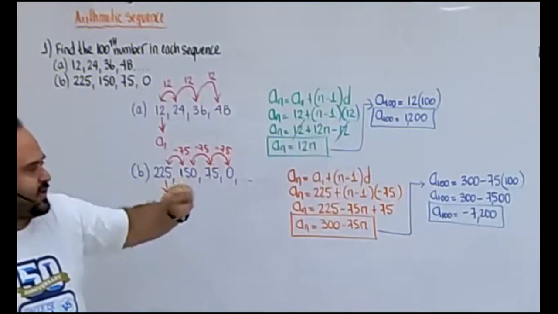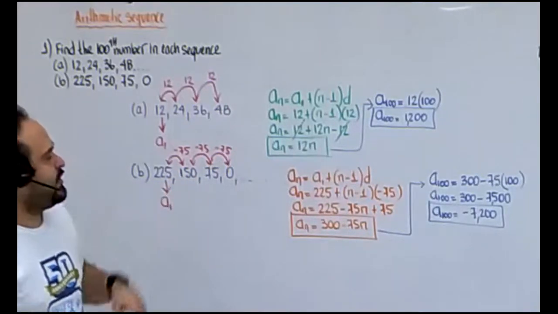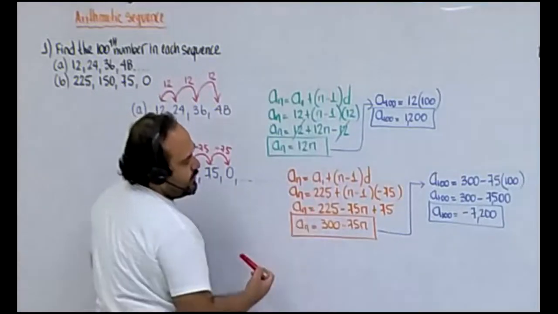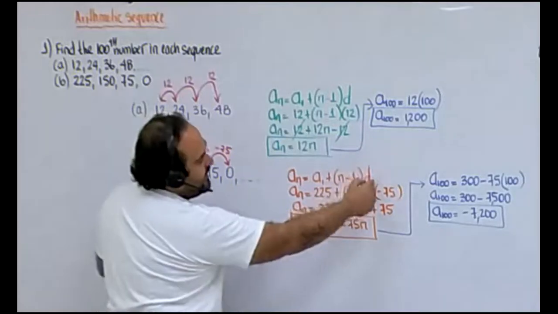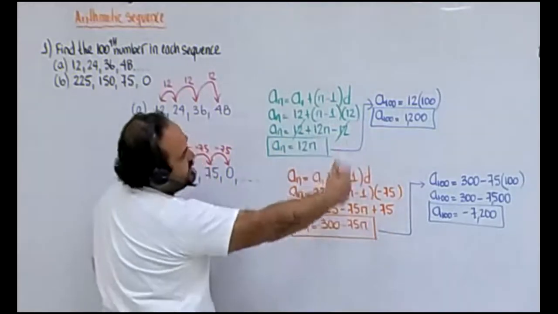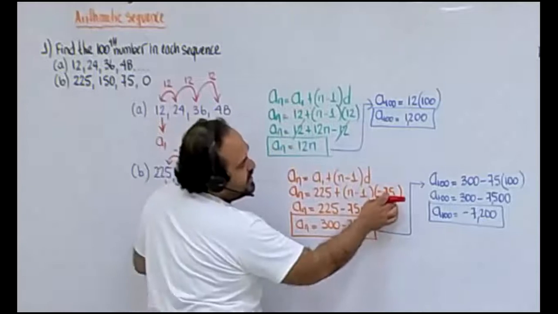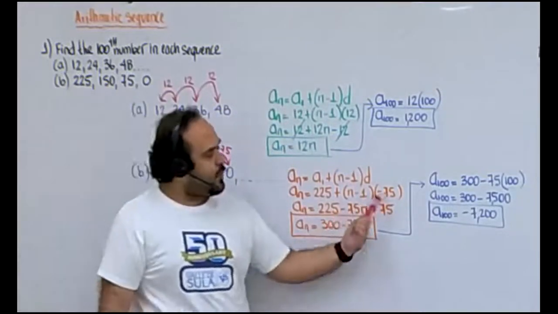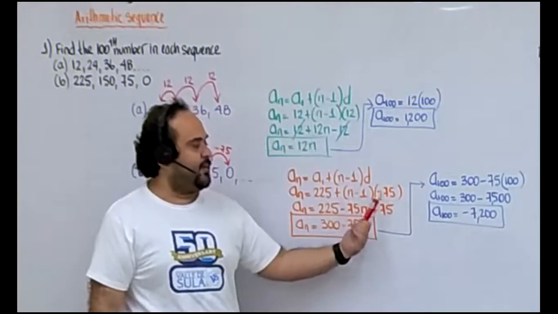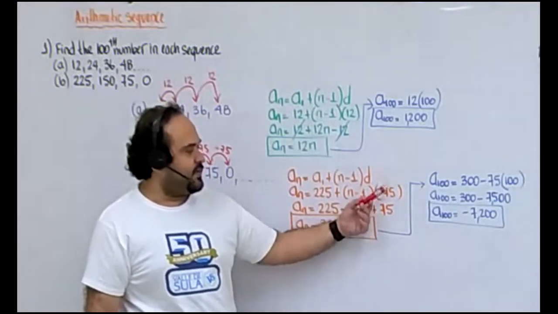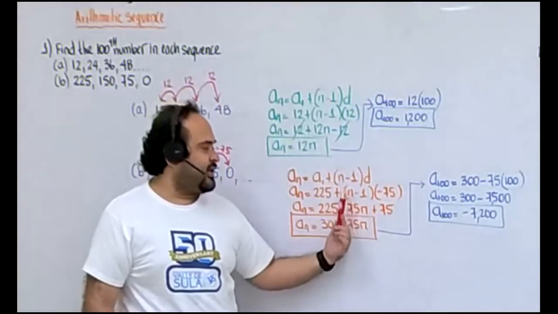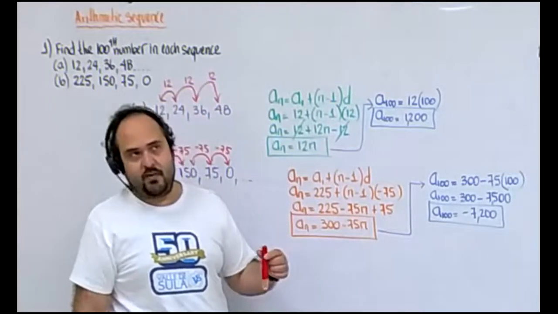Okay, then. I'm going to replace the value of A1, which was 225, and the common difference, or distance, that we concluded is negative 75. We have the distributive property. Remember, the outside number is supposed to multiply with the inside elements of the parentheses.